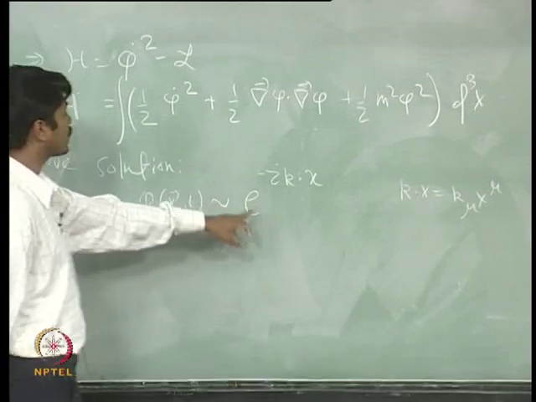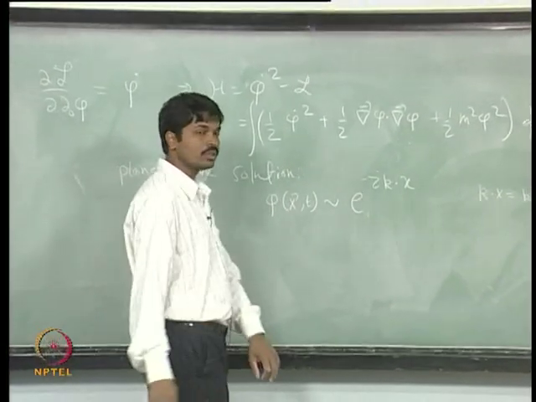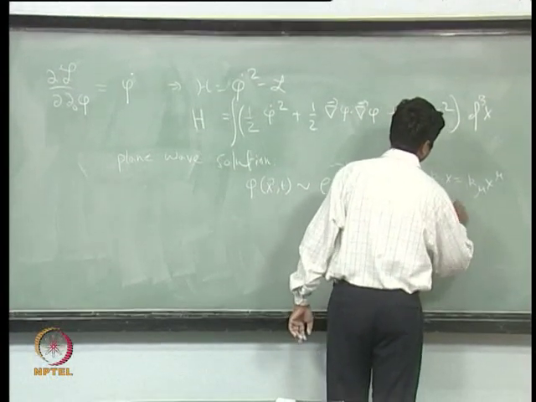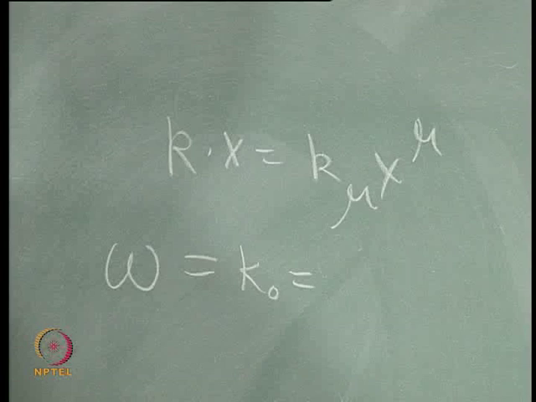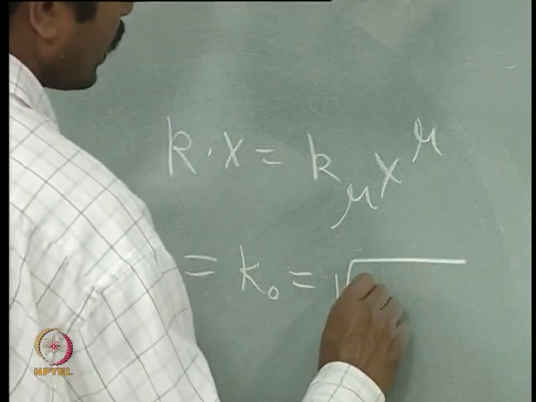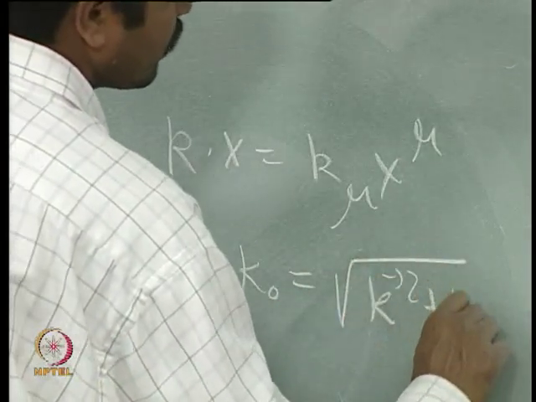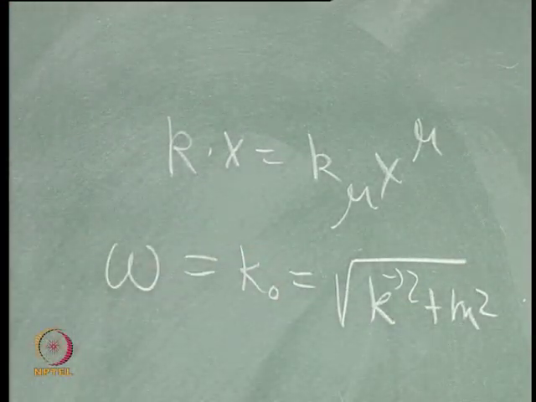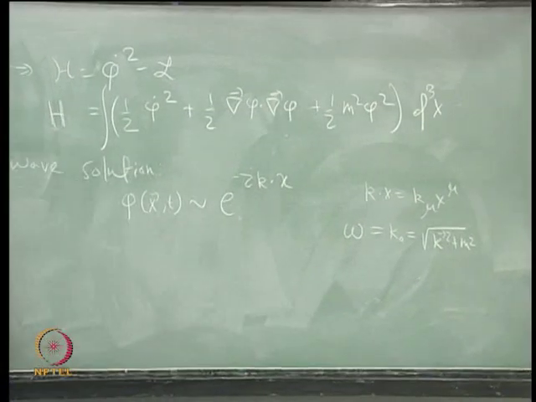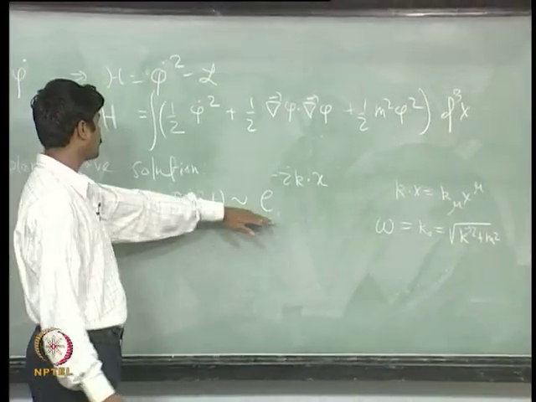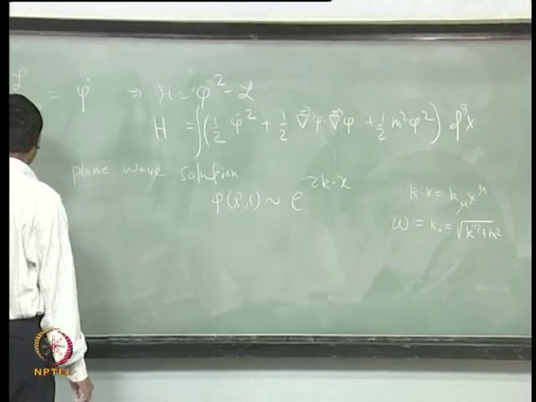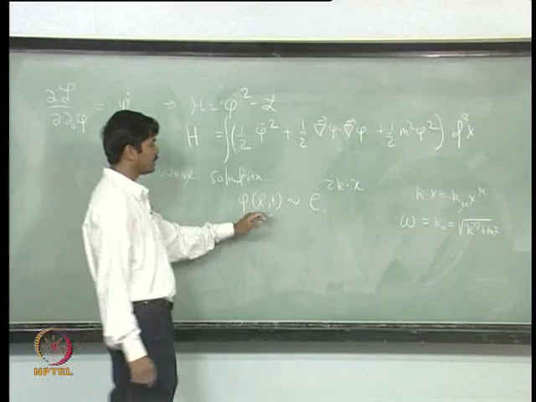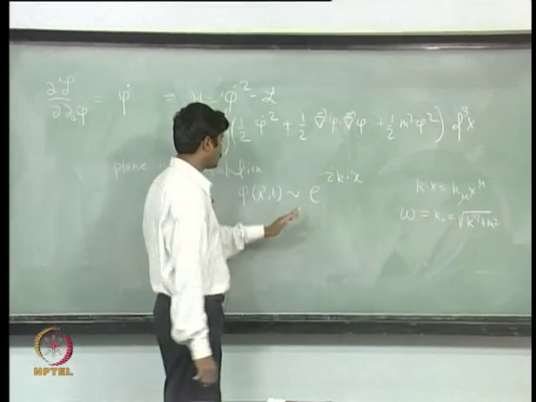This becomes a solution of the equations of motion, provided omega, which is defined to be k 0, is equal to the square root of k square plus m square. If k 0 is equal to this, then this satisfies the equation of motion. So, this is the plane wave solution of the Klein-Gordon equation. A general solution, the most general solution, will be a superposition of solutions like this.